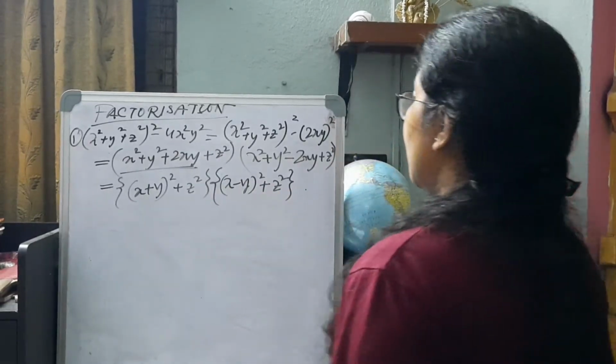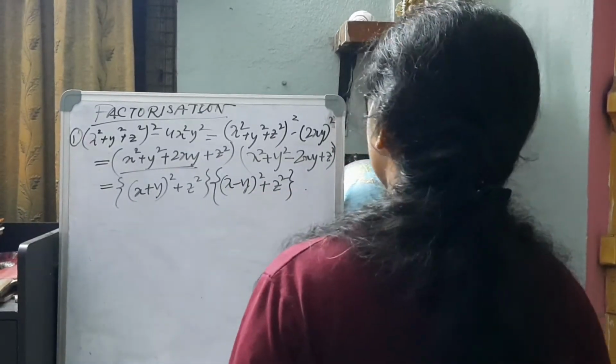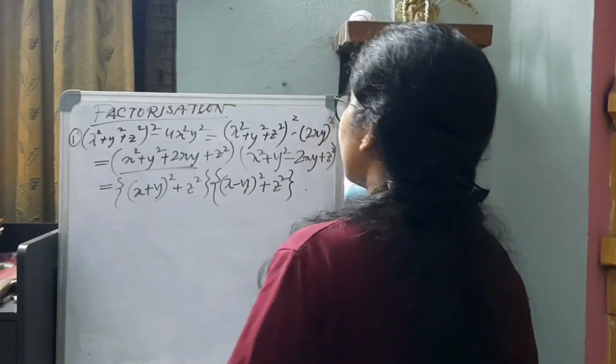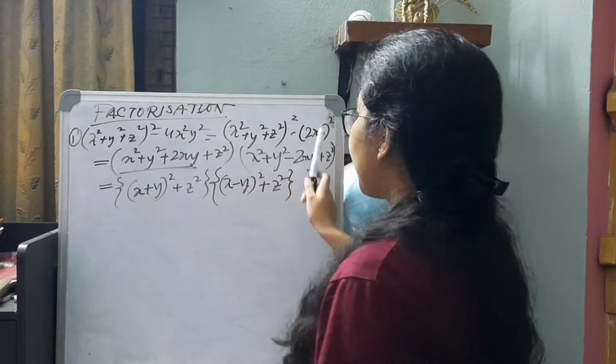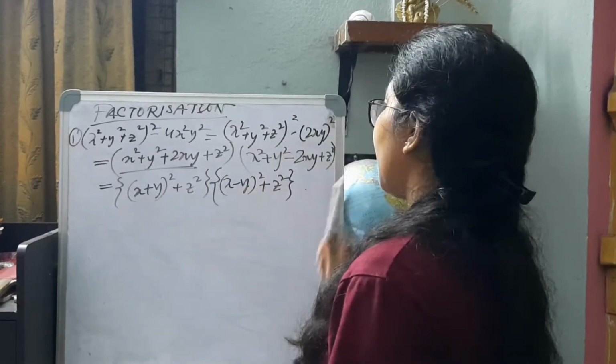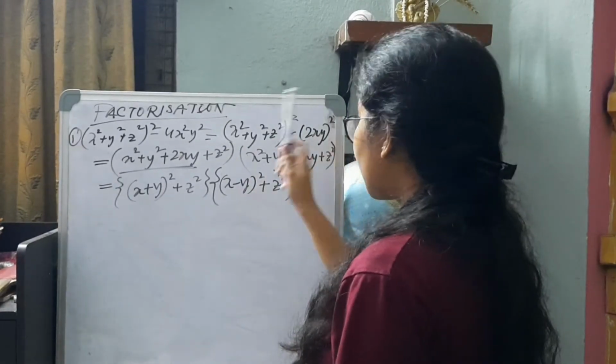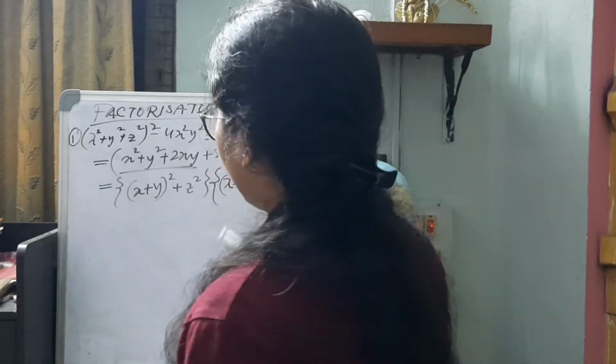Okay. So this is the way you have to solve this question, that is reducing it to the a square minus b square form, which you have to identify and then accordingly go for solving it.